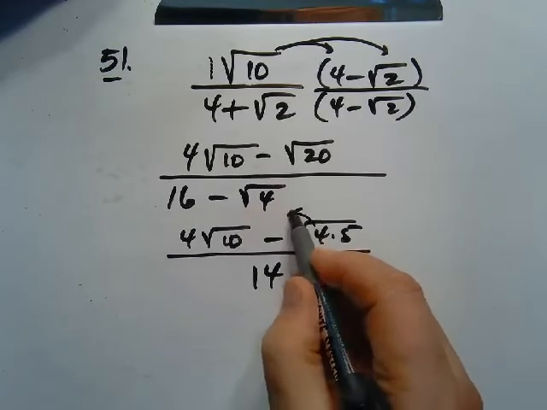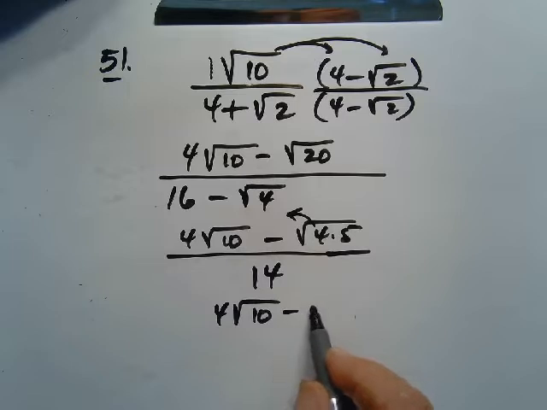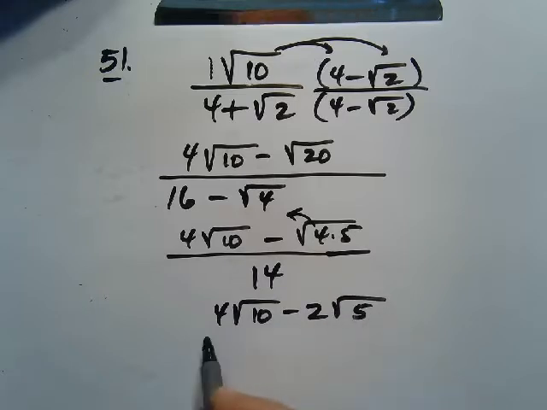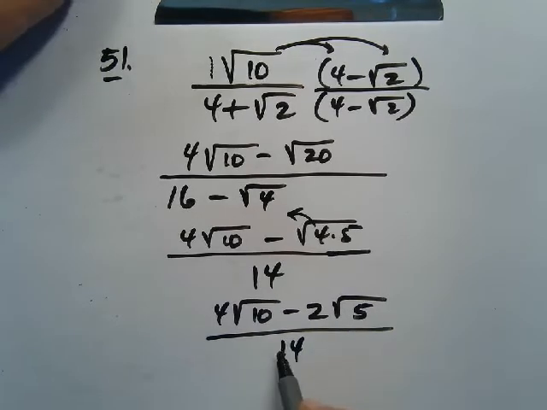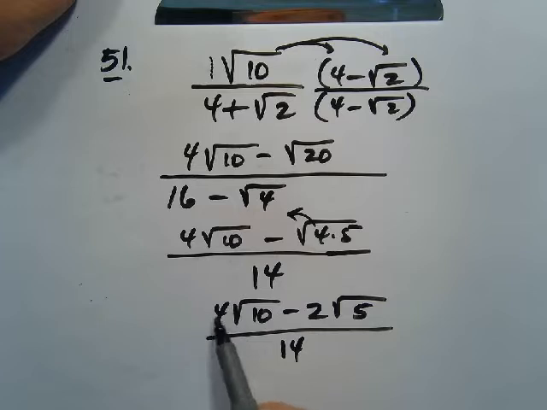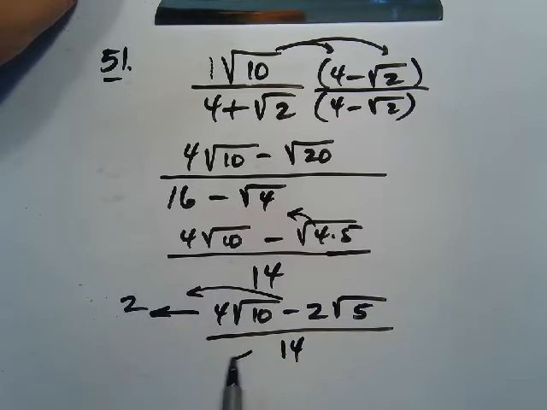This, I can still reduce a little bit here. So I got 4 root 10 minus 2 root 5 all over 14. Now that would be an okay answer, and it might appear on a test question, but in reality it's not in the simplest form. Why? Well, that's because I can pull a 2 out of the top, and I could pull a 2 out of the bottom and reduce it.